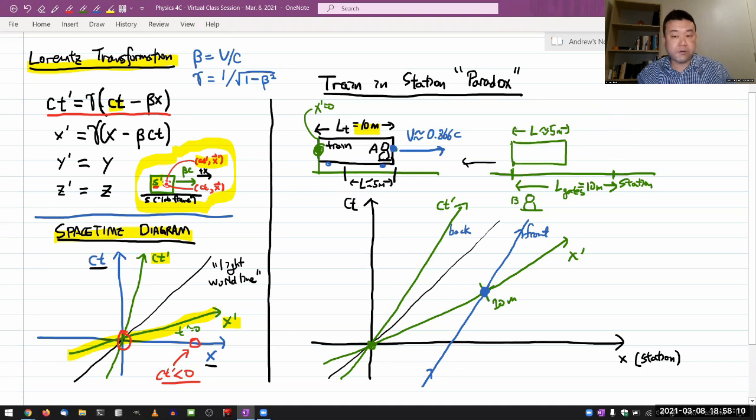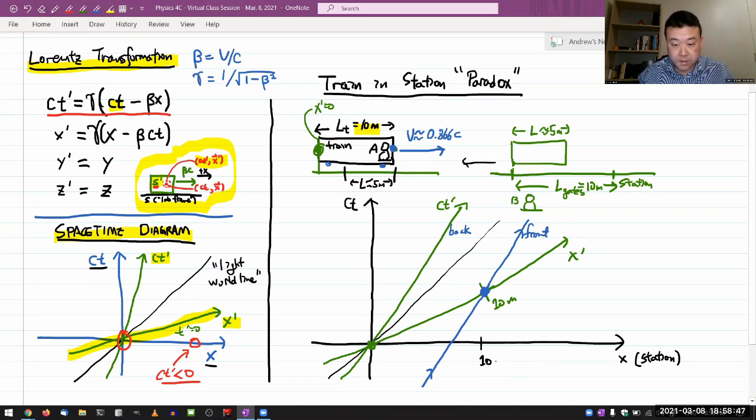So that's where t equals 0 will be, and at t equals 0, the back of the train is right at the gate, and the front of the train should be, let's see here. I'm just eyeballing the scale. I think the scale should be around here, the 10-meter length in the station frame.